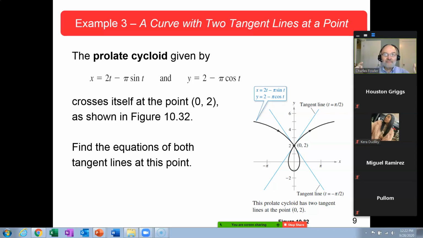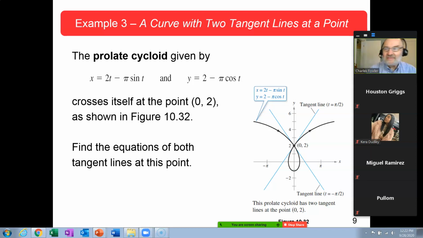All right. As I was saying, we're in chapter 10. 10.3 is parametric equations and calculus. And we are on example 3 on the top of page 712. And here is the problem.